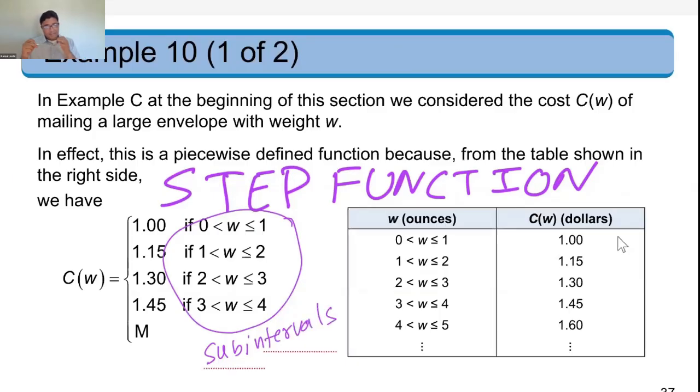Okay. And that is done in any piecewise function. In those subintervals, the value is constant. Like between 0 and 1, the value of function is 1. Between 1 and 2, it is 1.15 and so on. Okay. Such a function is called a stepwise function, step function.